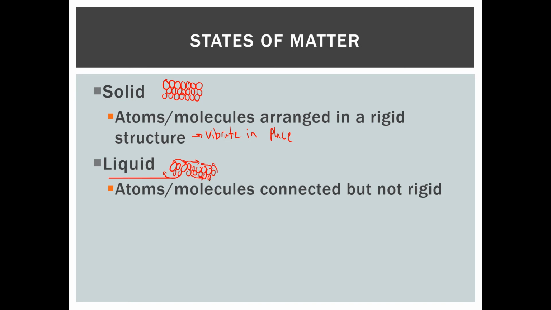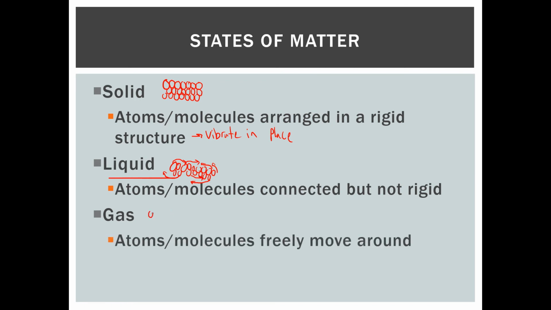Okay, they have some, I guess, translational motion. And gases, they are completely disconnected from each other. So they just zip around aimlessly like that. And they're very far apart, and they just zip around. They're very energetic particles. Okay, so that's what the gas is.